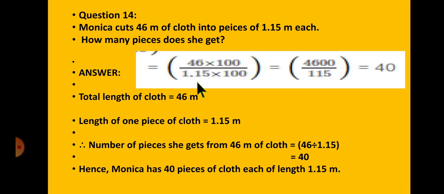When we multiply by 100, the decimal shifts to the right side after 5, so 115.00. When only 00 is after the point, you can ignore the zeros and write only the whole number. Then you divide 4600 by 115, and we get 40. So hence Monica has 40 pieces of cloth, each of length 1.15 meter.